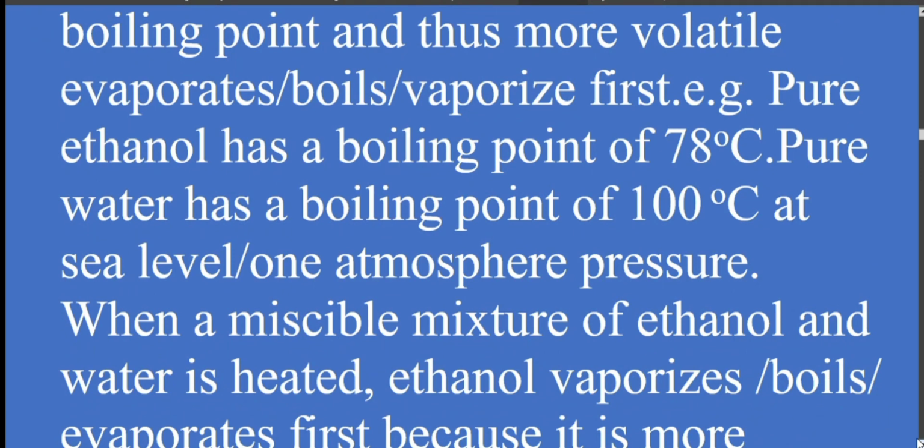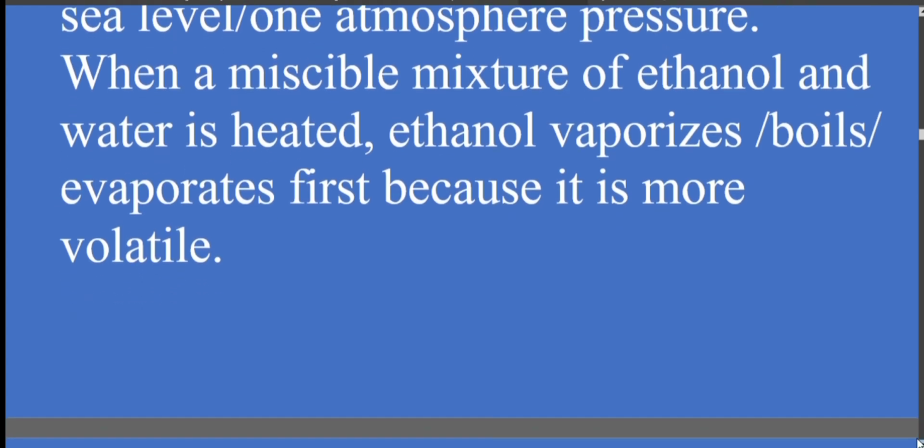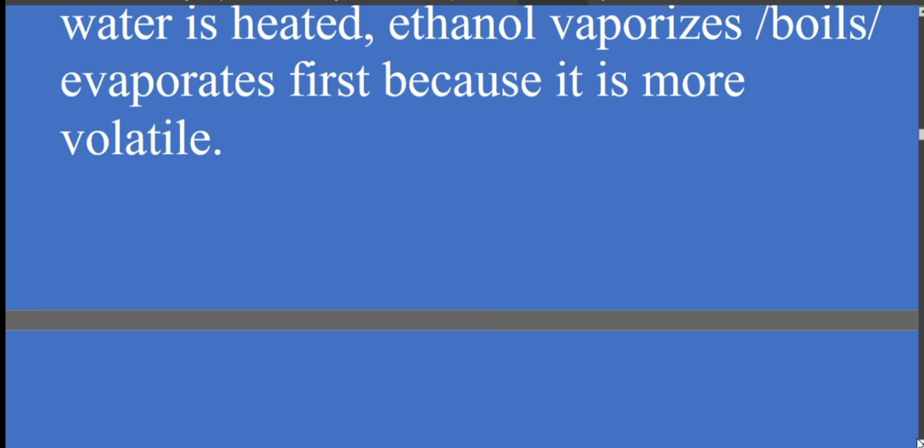When a miscible mixture of ethanol and water is heated, ethanol vaporizes or boils fast because it is more volatile. So in the mixture of water and ethanol, when separated using fractional distillation, ethanol will vaporize fast because it is more volatile and has a lower boiling point.